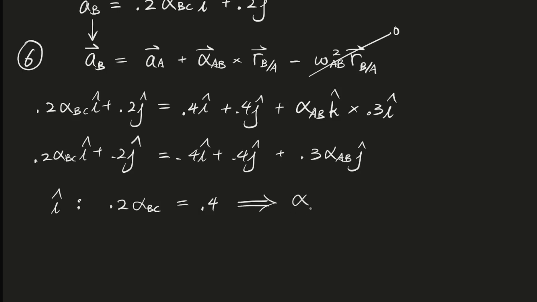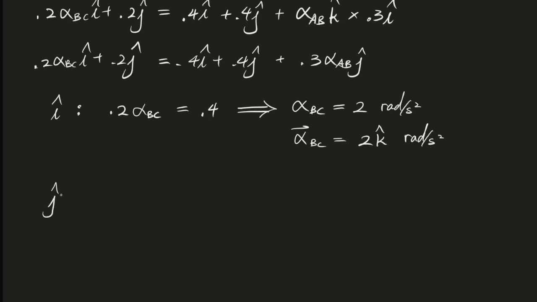So I can say alpha of BC magnitude is equal to 2 radians per second squared. If I put the vector sign on top, I can say this is 2 in the k direction, radians per second squared. Now we'll still do the j direction. In the j direction, I have 0.2. It's a constant. On the other side, 0.4 plus 0.3 alpha AB.